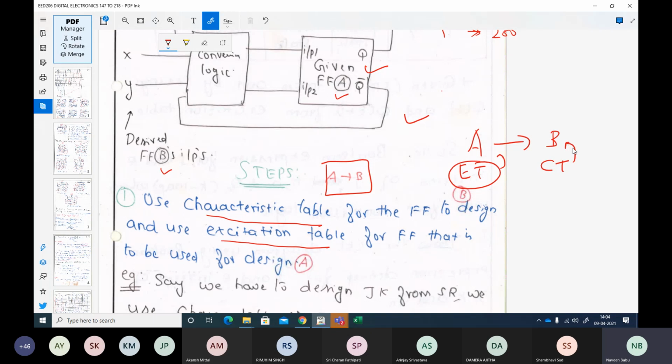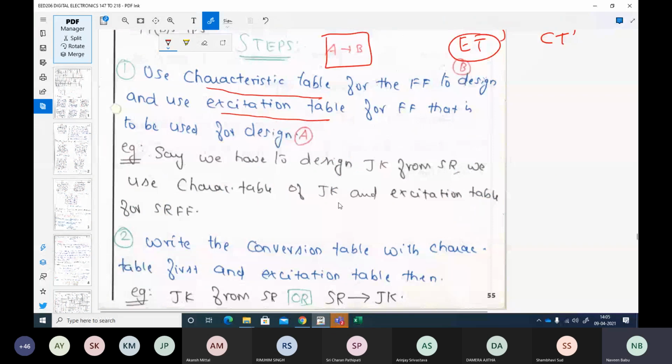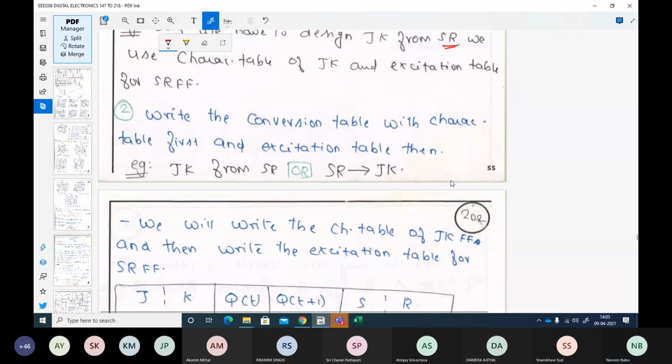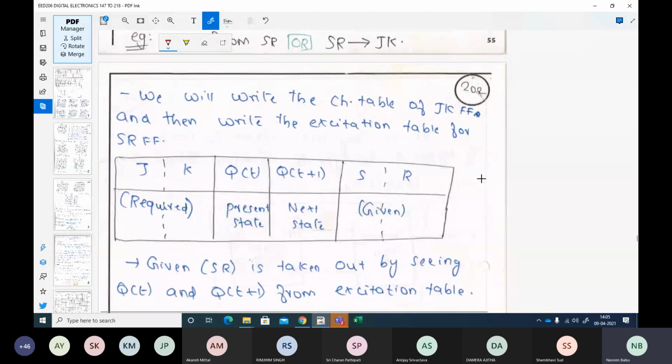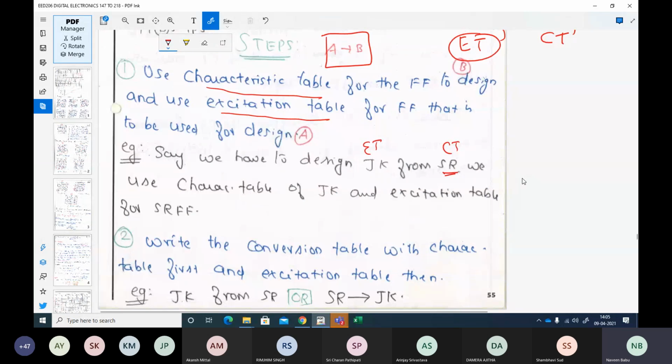Now I'll show you how to design a JK flip-flop from an SR flip-flop, which means you need the characteristic table of the SR flip-flop and the excitation table of the JK flip-flop. Once you have these two tables, you are going to club them.